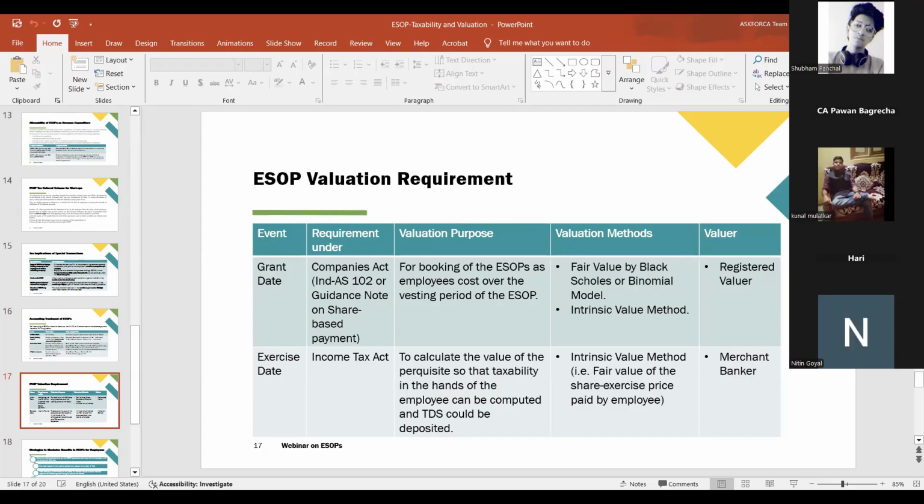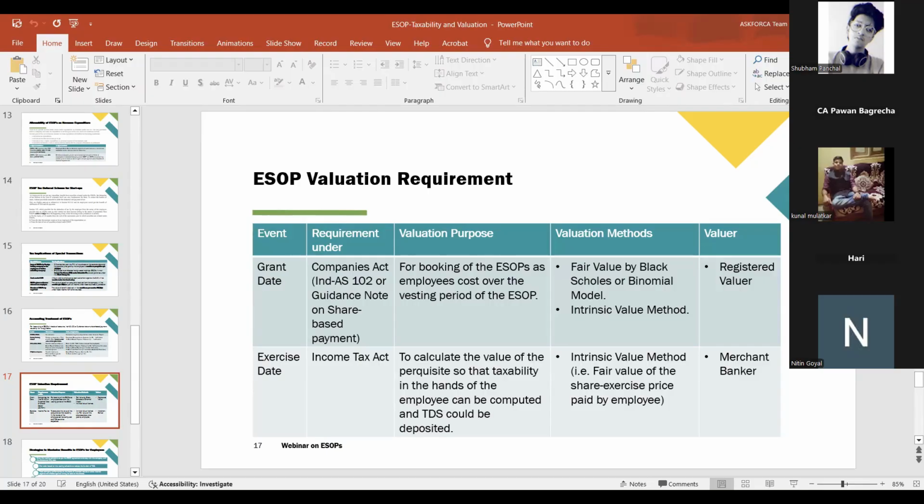So this is the ESOP valuation requirement as per the Ind AS or as per the Income Tax Act. As per the Ind AS, we have to get the valuation on the grant date for booking the expenditure during the vesting period. There should be the report by the registered valuer only. There is a method, the fair value we can calculate by the Black-Scholes or binomial model, or by intrinsic value method also.